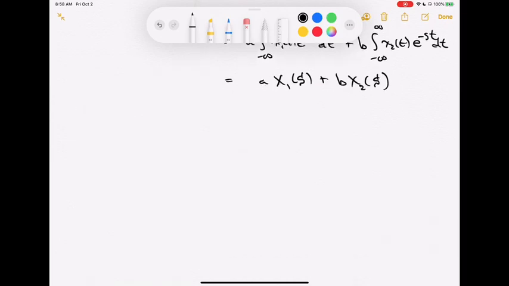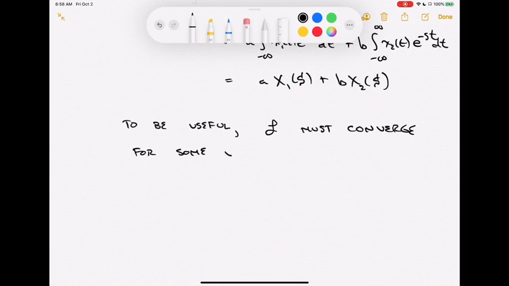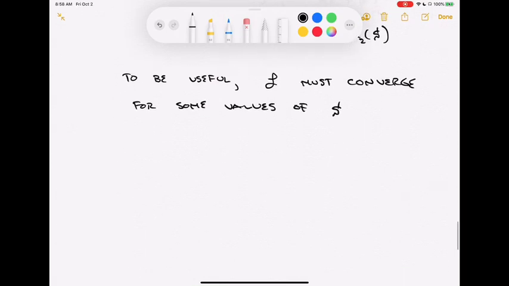I will also say that to be useful, Laplace must converge for some values of s.